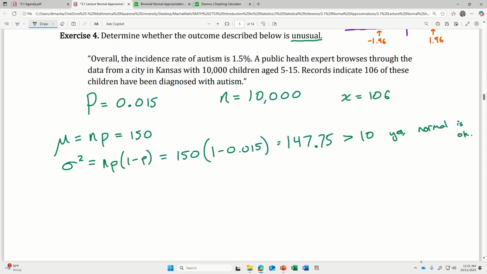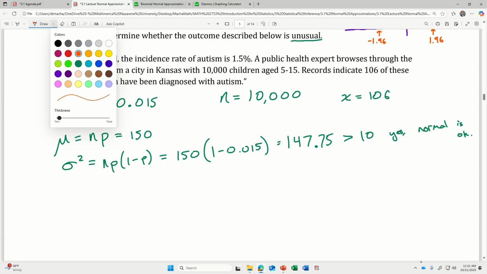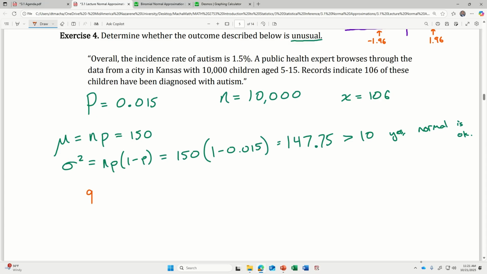So for a normal distribution, I know that 95% of the most likely outcomes fall inside the interval where I have the mean minus 1.96 standard deviations up to the mean plus 1.96 standard deviations.